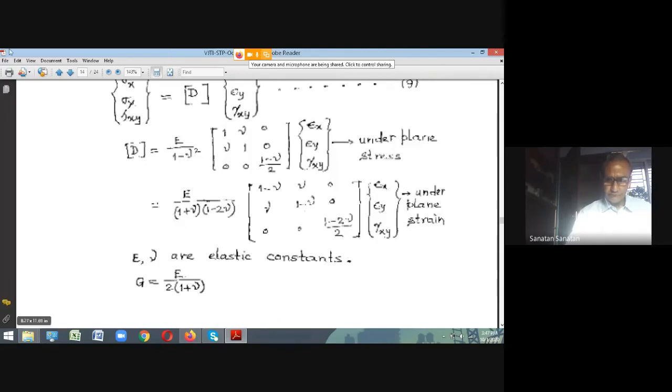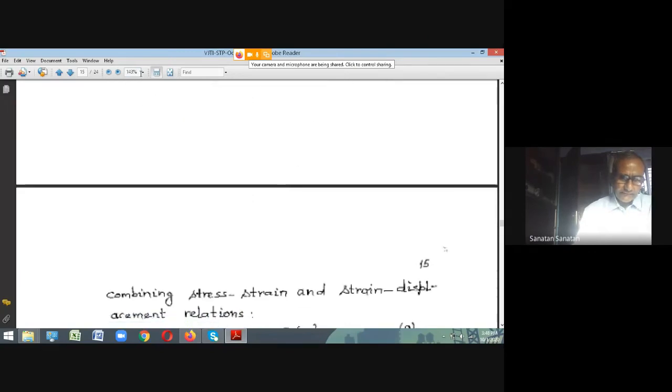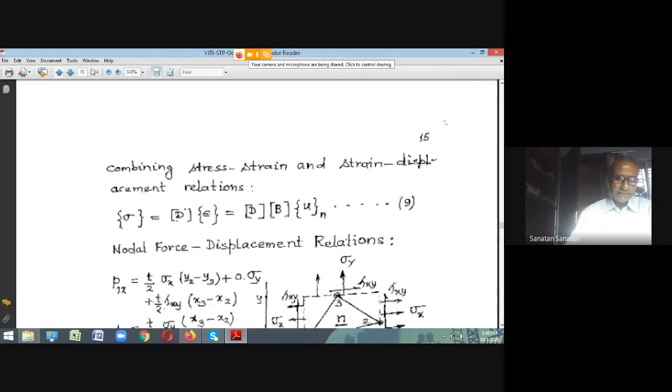Combining these, stress sigma x, sigma y, tau xy is nothing but D into epsilon, and epsilon is nothing but B multiplied by U. So this is the stress displacement matrix.